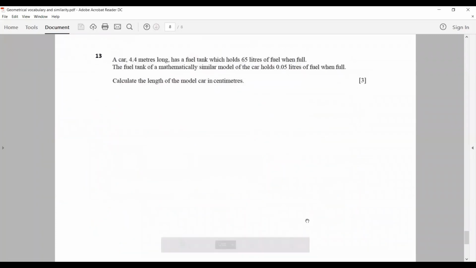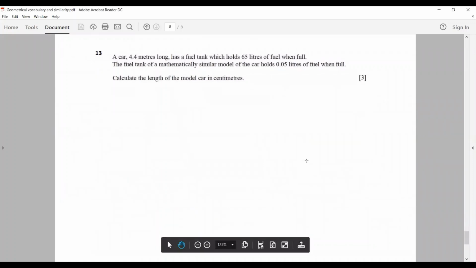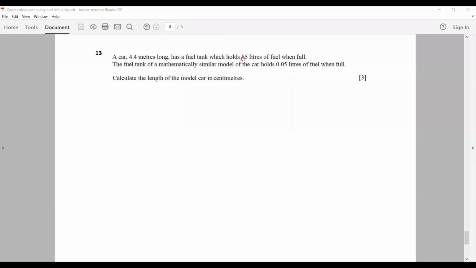This is the last one. We have two cars. One is the real one and one is a model. So the volume of the bigger one and the smaller one is given, and the length of the real car is given as well. So they're asking us to find the length of the model car, which is very tiny, like a toy car.